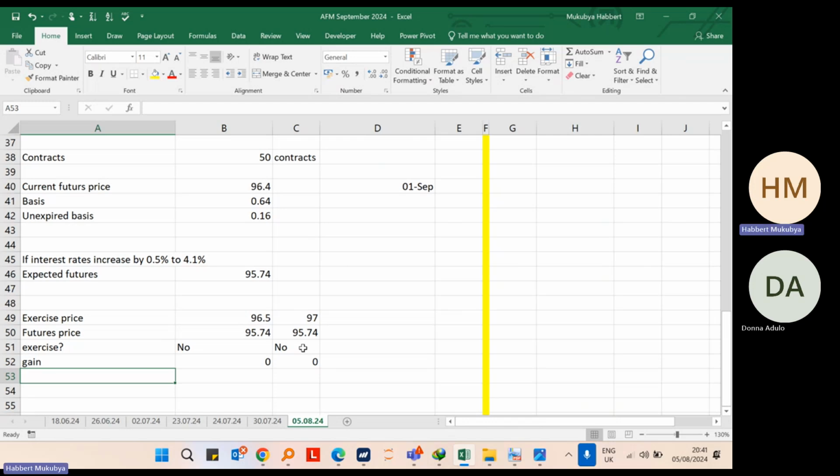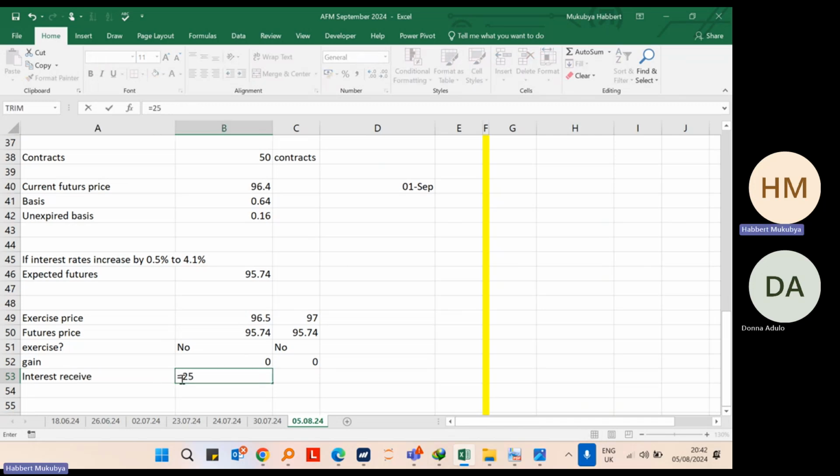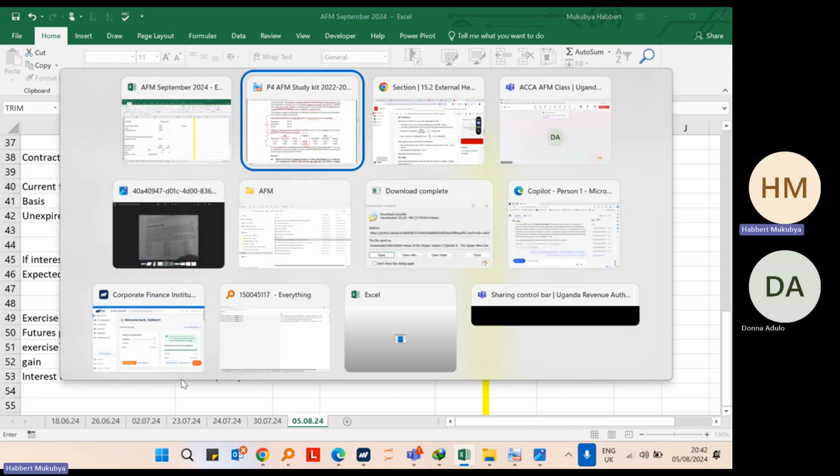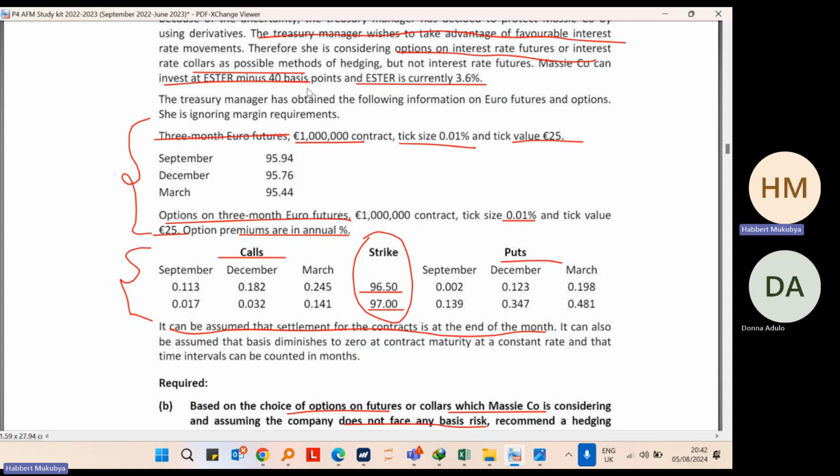Then, of course, how much interest will you receive when you invest? So remember, you are investing 25 million and you are investing it for 6 months. And the interest, remember, we are able to receive interest at A star minus 40 basis points.